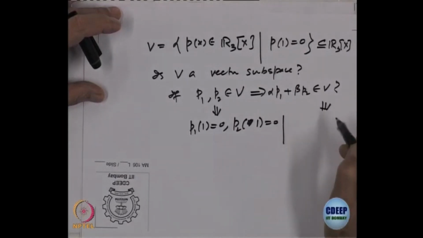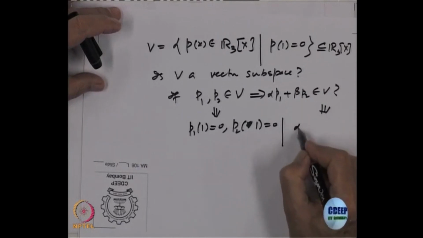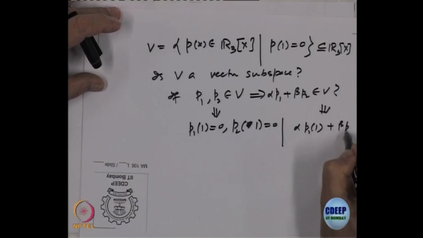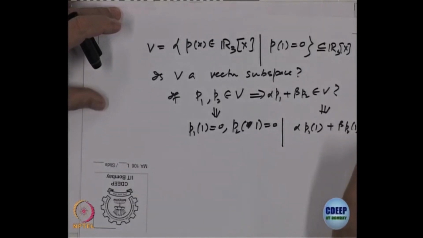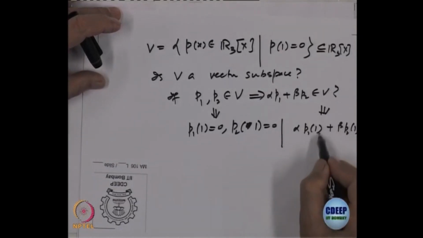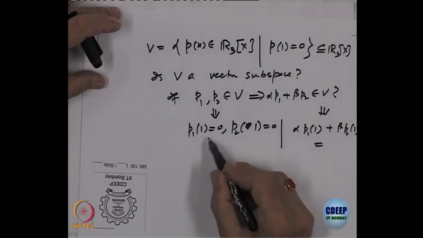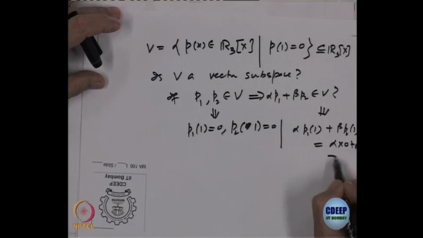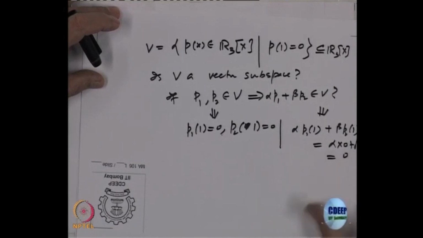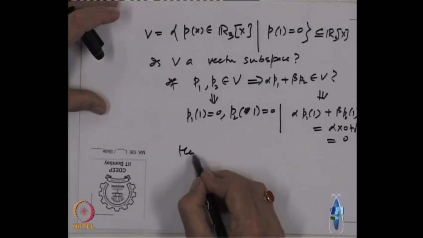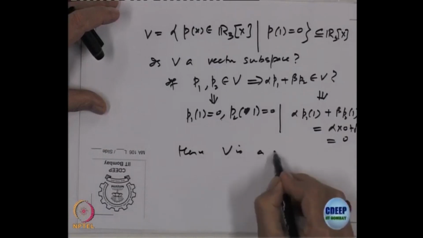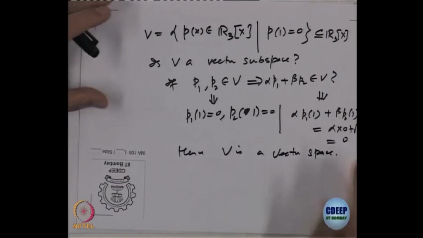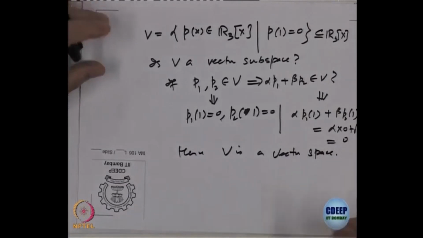And if I have to check, alpha p_1(1) plus beta p_2(1) should be equal to 0. But what is this equal to? This is 0, this is 0, alpha times 0 plus beta times 0, that is equal to 0, right. So, hence V is a vector space. In itself, it is a vector space, it is a subspace of it.